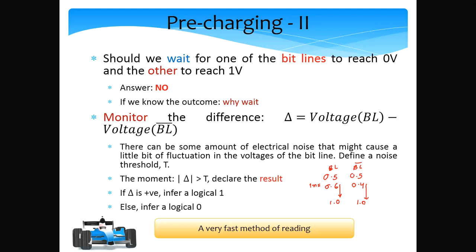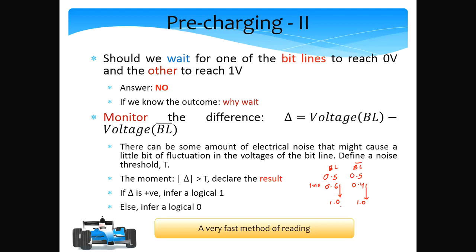And once we are sure, we can pretty much declare one candidate as the winner and in a sense not wait for all the votes to be counted. So it's very similar over here. Let's assume that the amount of noise that the system will introduce is very small. So maybe from 0.5, when it reaches 0.6 and the other one reaches 0.4, we can be sure that in this case BL will reach logical 1 ultimately.